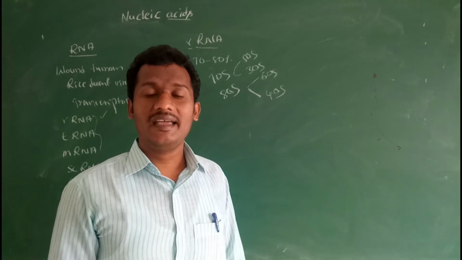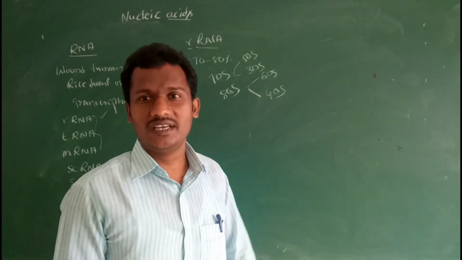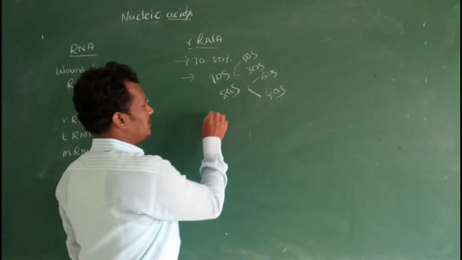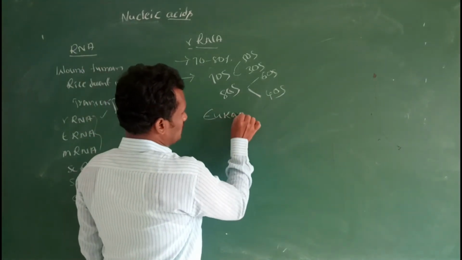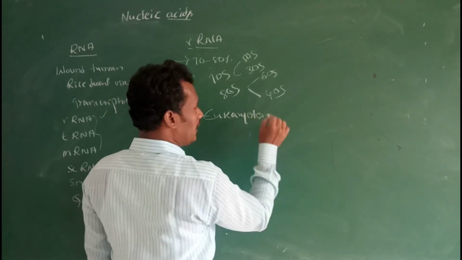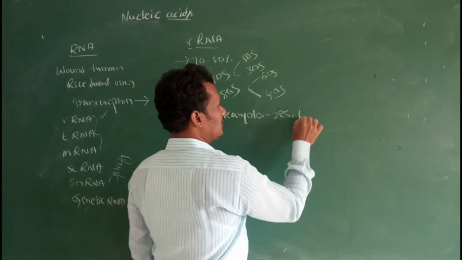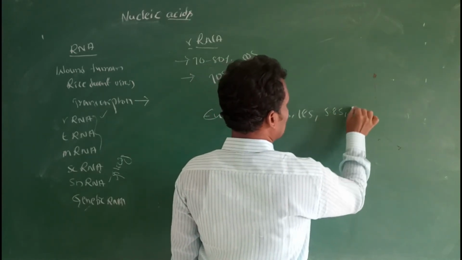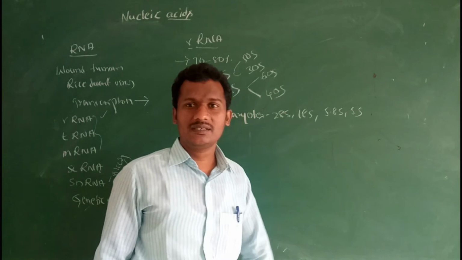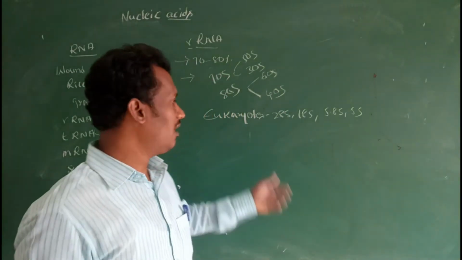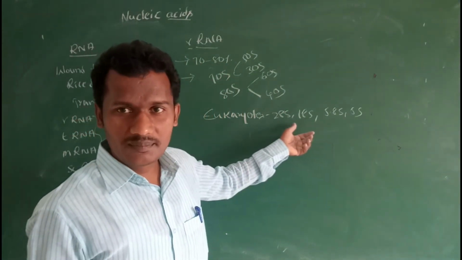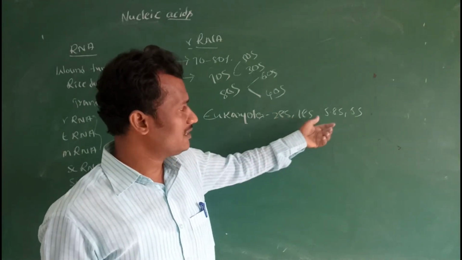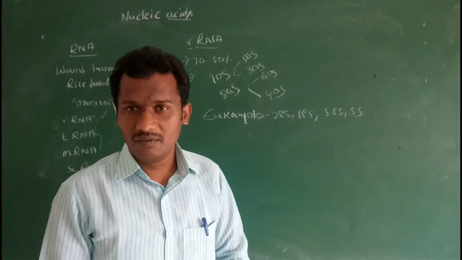Based on the sedimentation coefficient, in eukaryotes 4 types of rRNAs are present: 28S, 18S, 5.8S, then 5S.